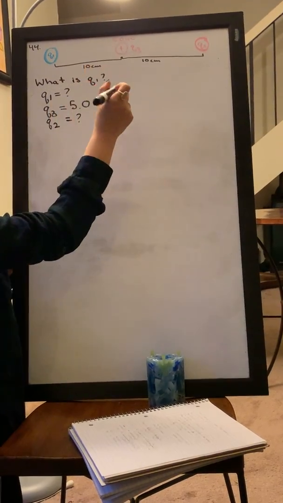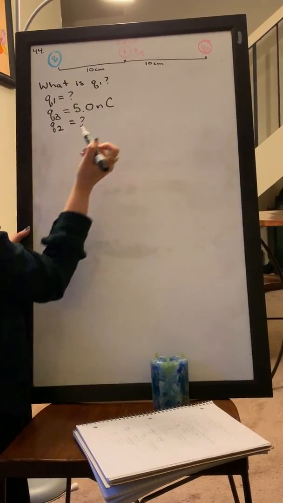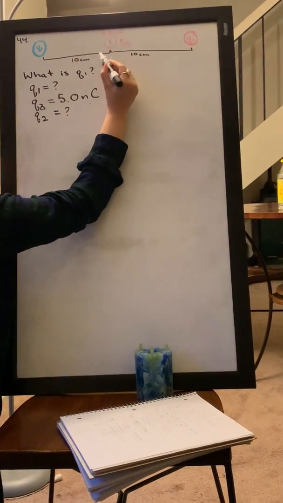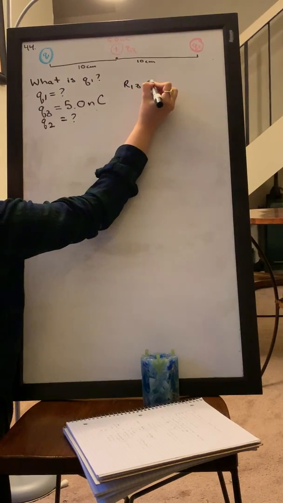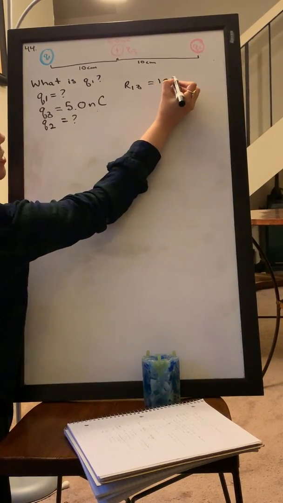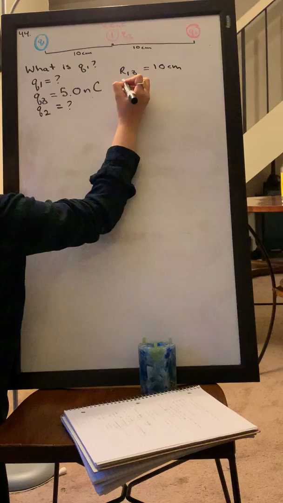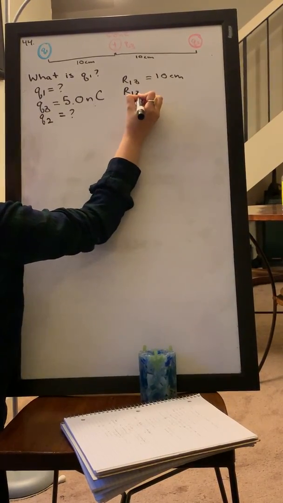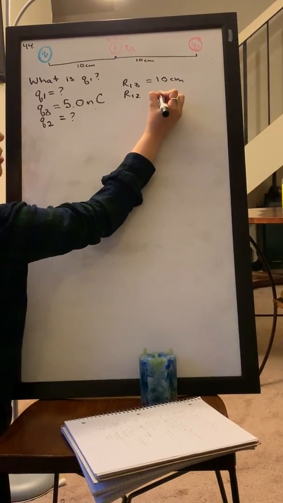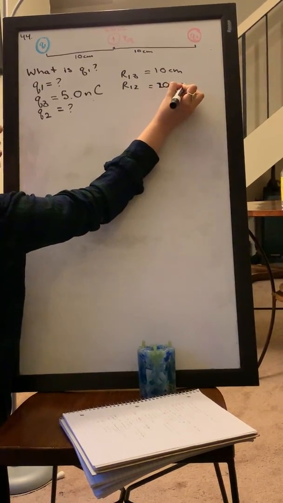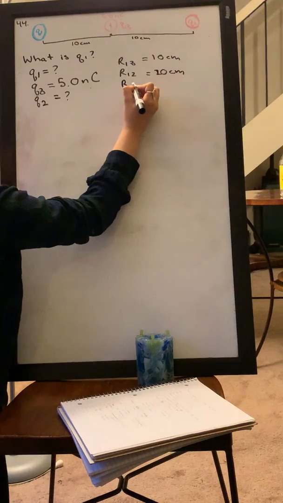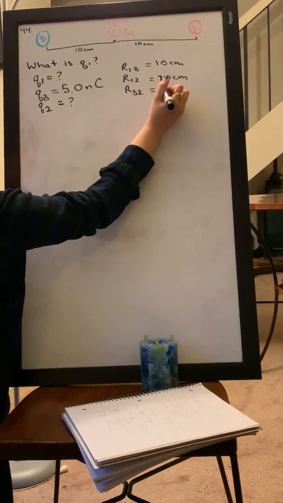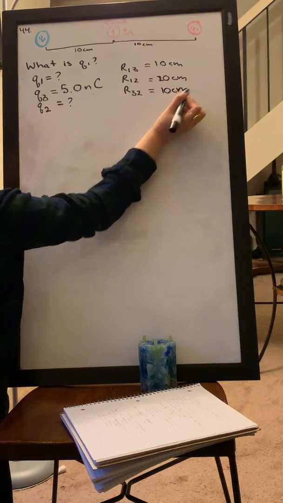We should also include what the distances are, so R1 to R3 is equal to 10 centimeters, and R1 to R2 is equal to 20 centimeters, and R3 to R2 is equal to 10 centimeters.